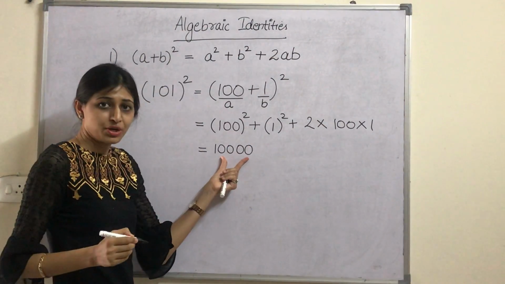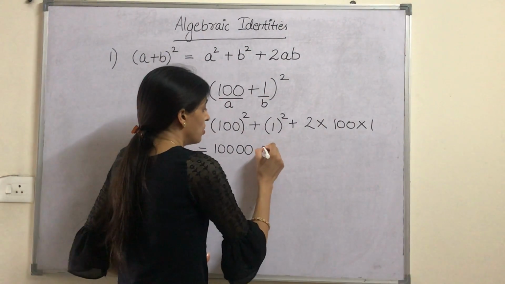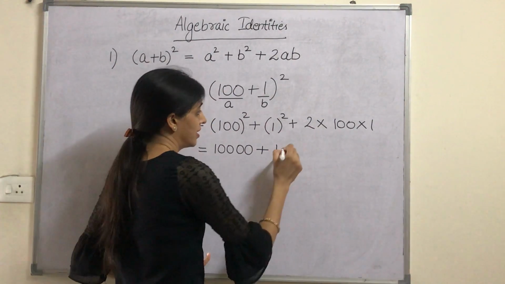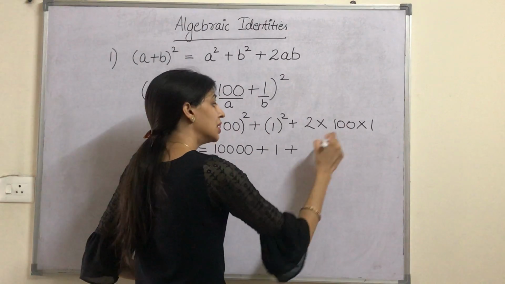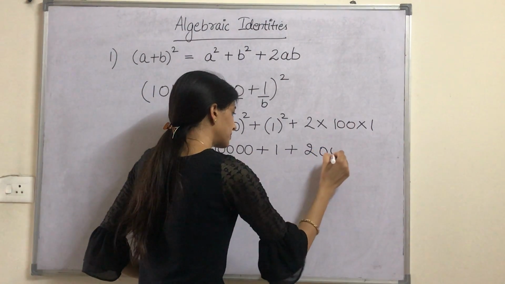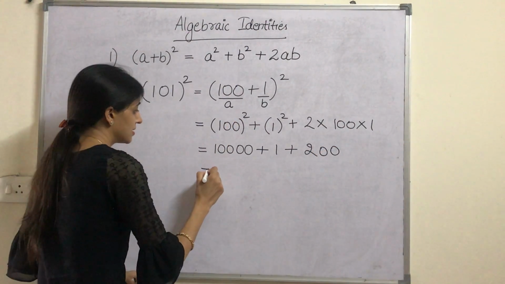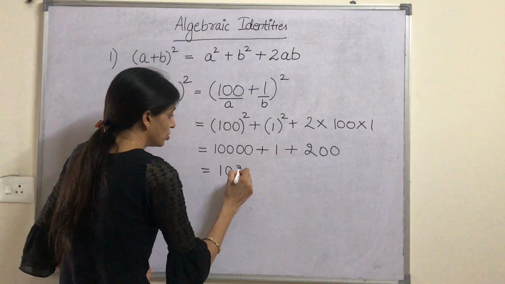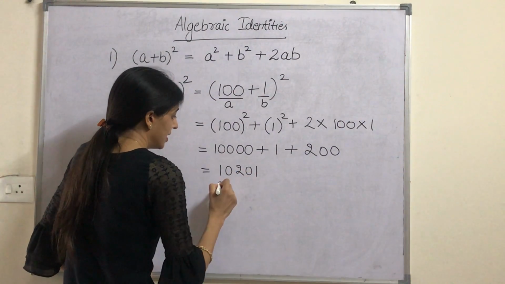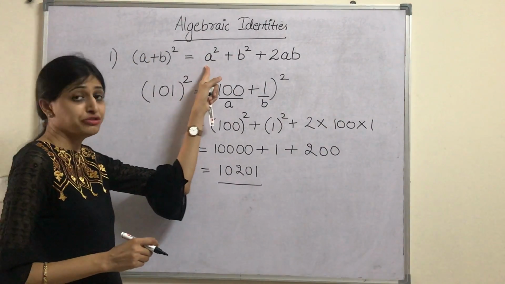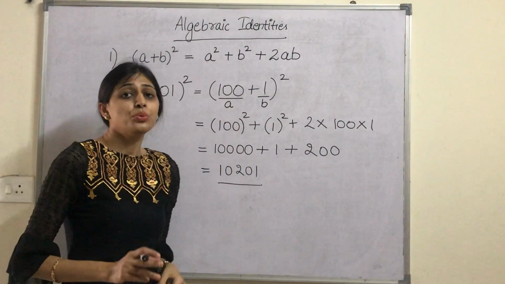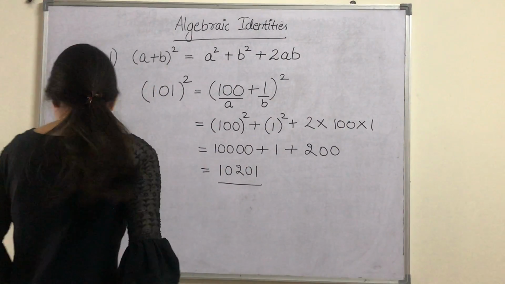What is 1 square? 1. 2 into 100, 200. 200 into 1, 200. So the answer will be 10201. This is your final answer as per the first identity. Now we will do the second identity.